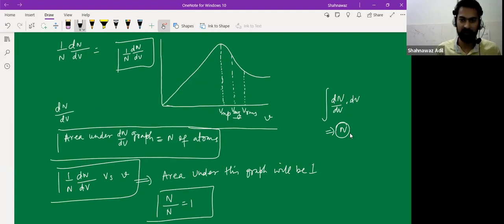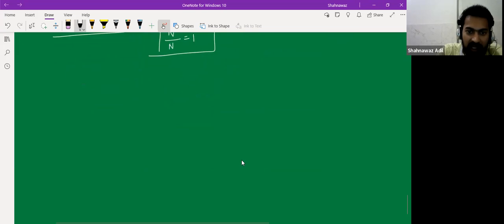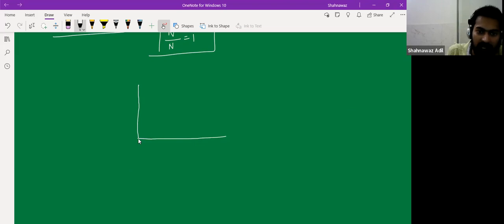Yes, sir. Okay, so let us do one question based on this. Let's say that you have this kind of graph. This is 2 meters per second, and this is 4 meters per second, right?